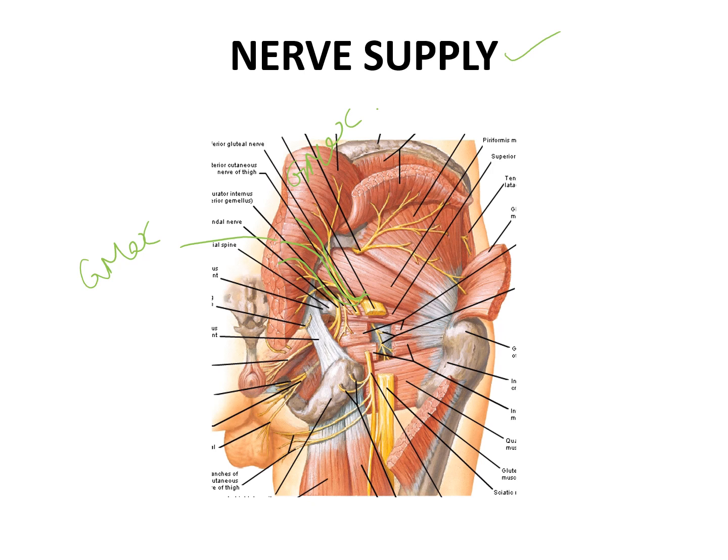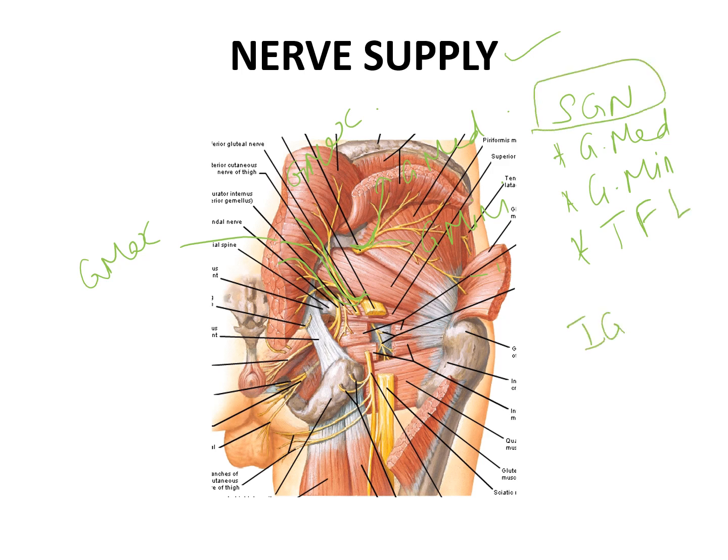As you can see here, the superior gluteal nerve supplies the gluteus medius and it also supplies the gluteus minimus. It also supplies the tensor fascia lata. So, superior gluteal nerve supplies the gluteus medius, the gluteus minimus, and the tensor fascia lata, whereas the inferior gluteal nerve supplies the gluteus maximus muscle.